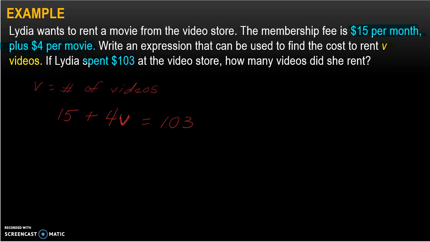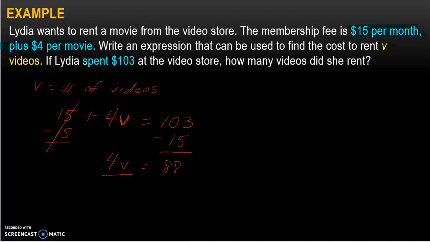This is just a two-step equation. We're going to start by subtracting 15 on both sides. Hopefully you have a calculator in front of you to make this just easy work so you don't have to really think about the computation too much. We want to focus on the process of the problem solving. And this is 4V.